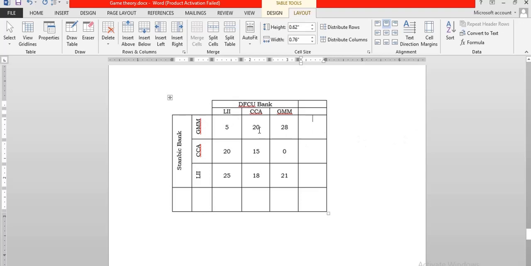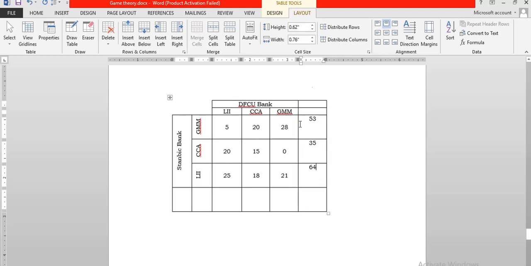Total of the three is 28 plus 20, that is 48. 48 plus 5 is 53. 20 plus 15 is 35. 25 plus 18 plus 21 is 46. 56 plus 8, it is 64. So you write here 64.